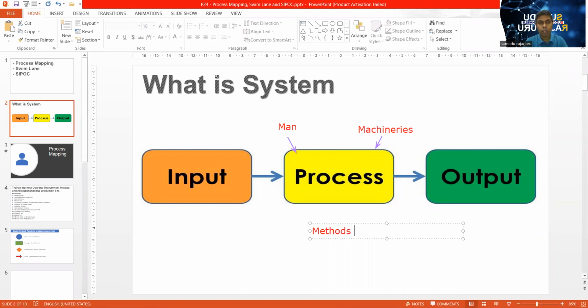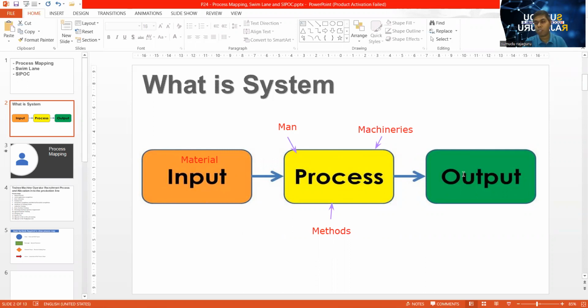Input means raw material, so from the input side, material also. Now you can see, the process is also controlled by the 4Ms: man, machine, method, and material.